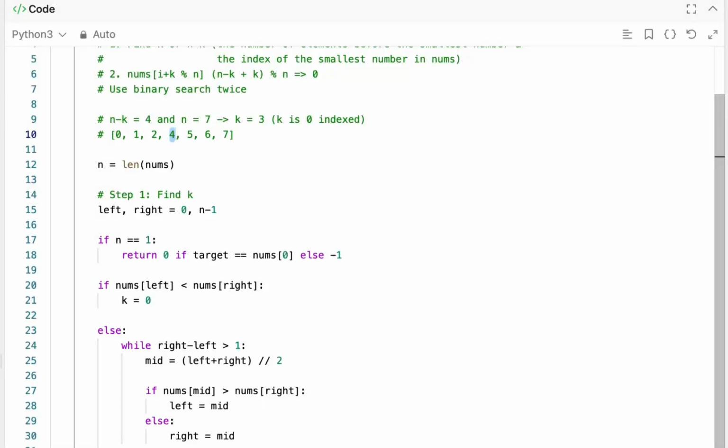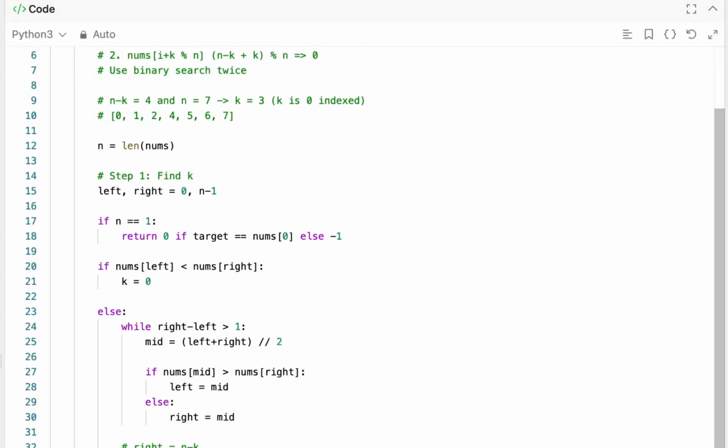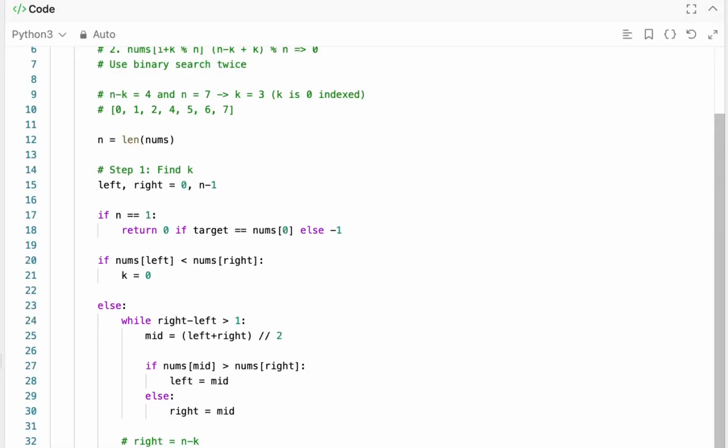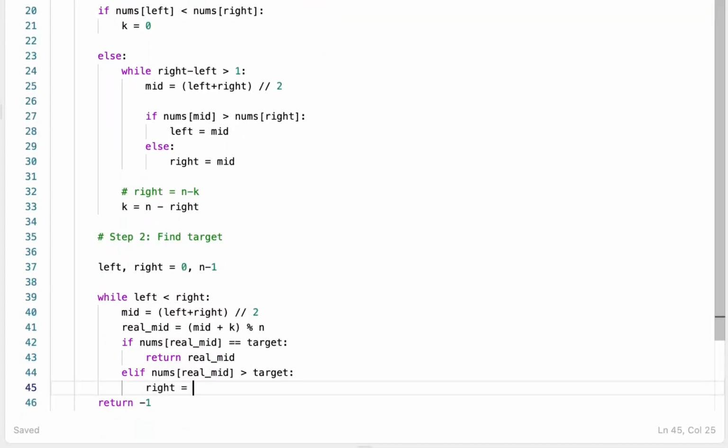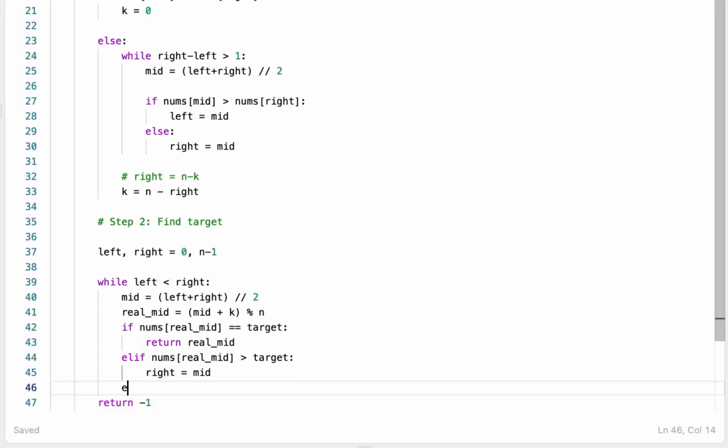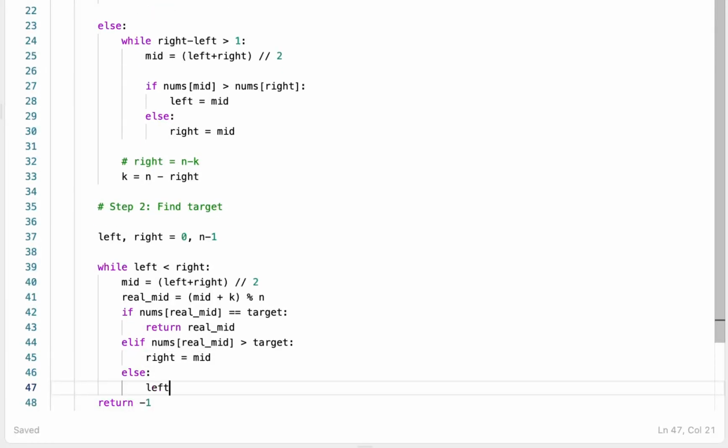Target is somewhere to the left. So right becomes mid, else left becomes mid + 1.